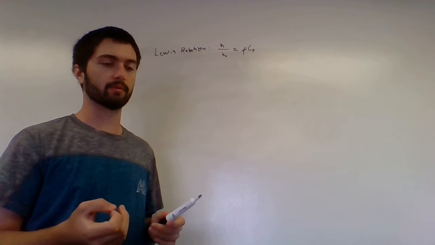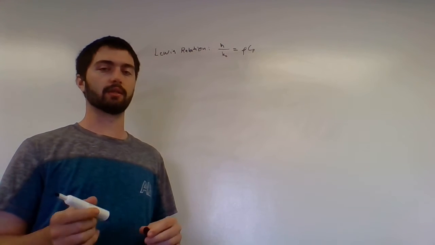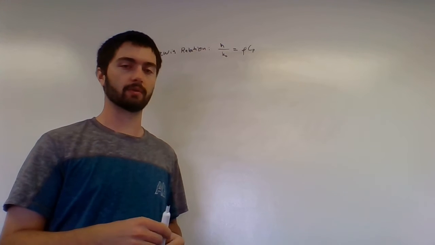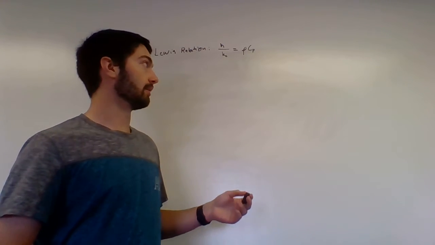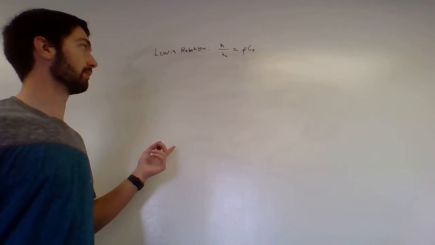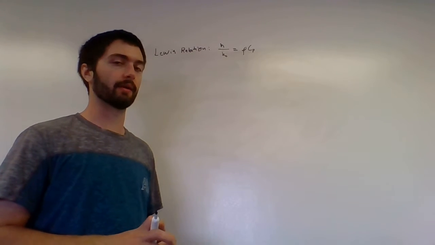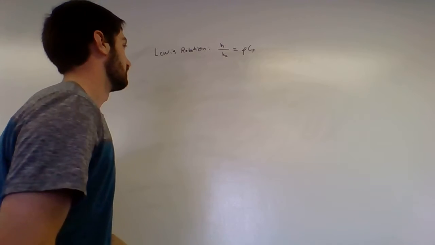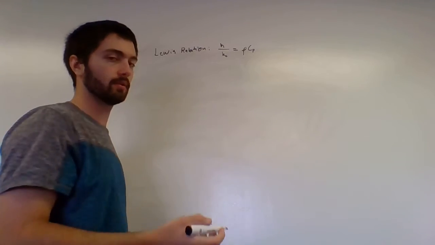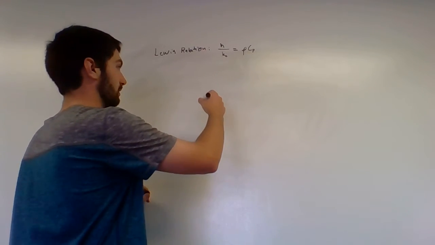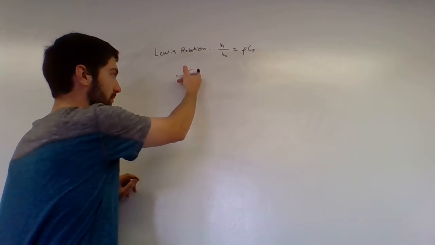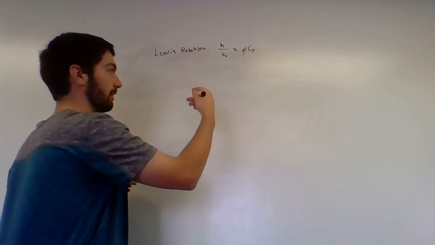So that bulb will actually read a lower temperature than the dry bulb when they're both being swung around. So the Lewis relation can come in handy when we're taking a look at the energy balance of a wet and dry bulb system. So first, we want to take a look at the concentration difference of the wet bulb and the air around it.